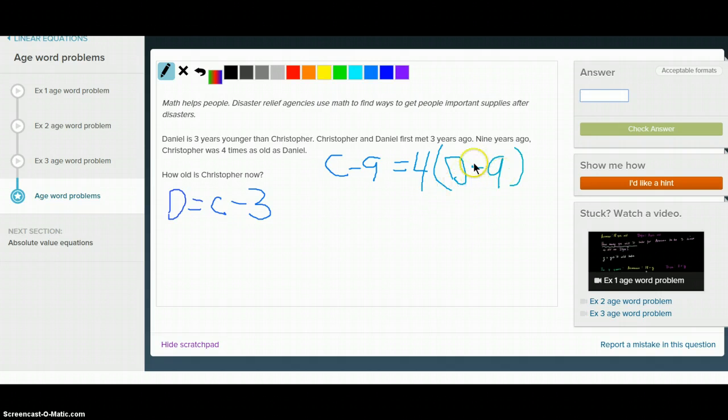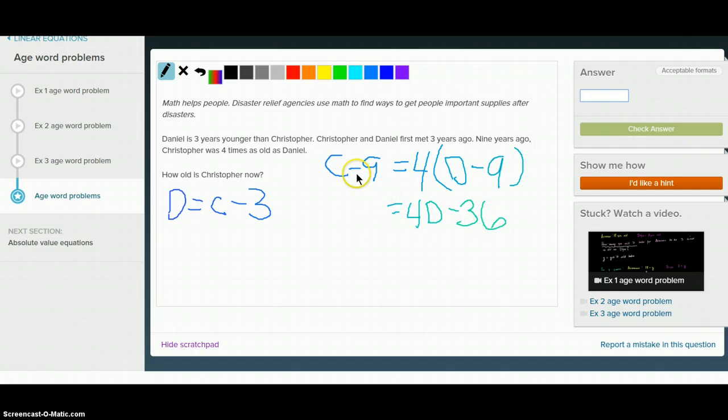Okay, so let's simplify this out a little bit, distribute this 4 in here. So we're going to have 4 times D, which is 4D, and then 4 times negative 9 is negative 36.